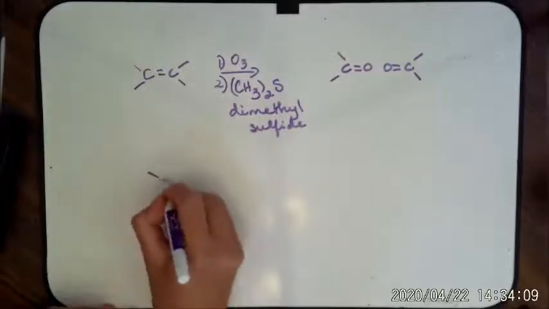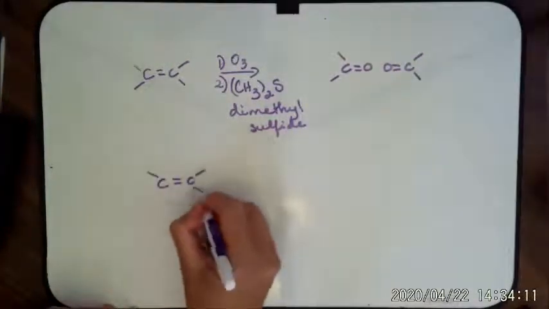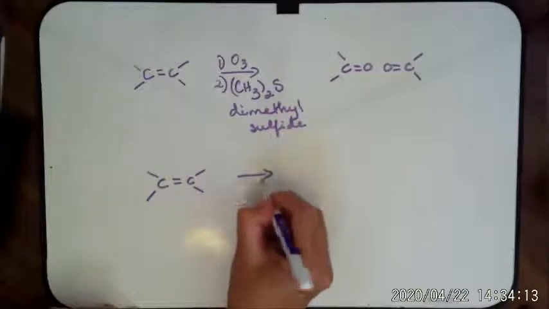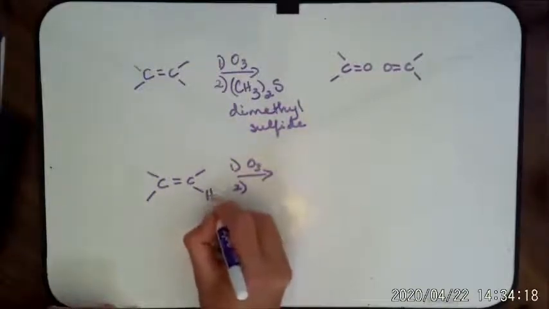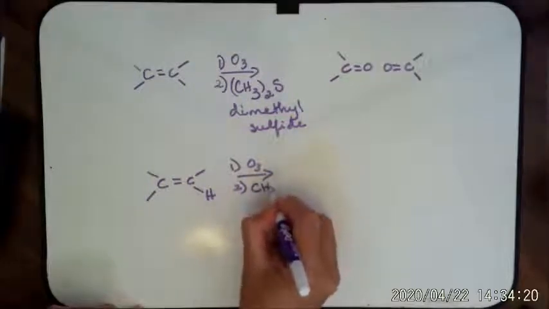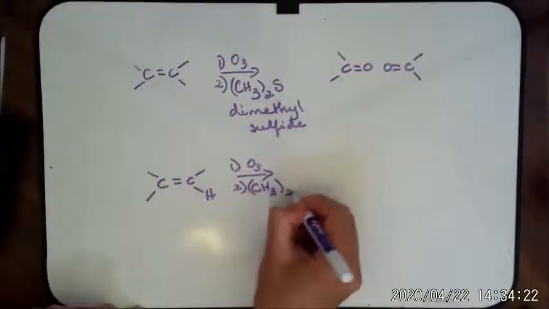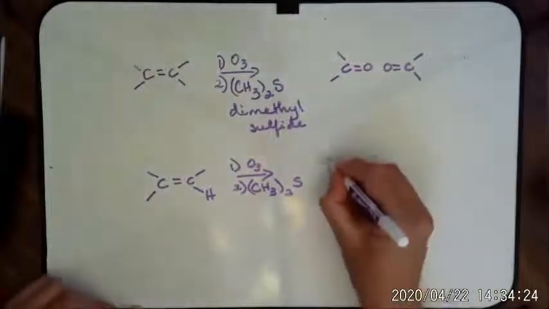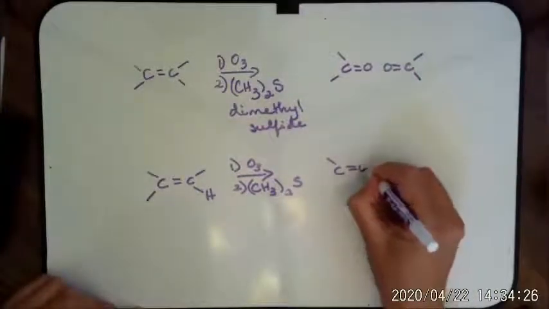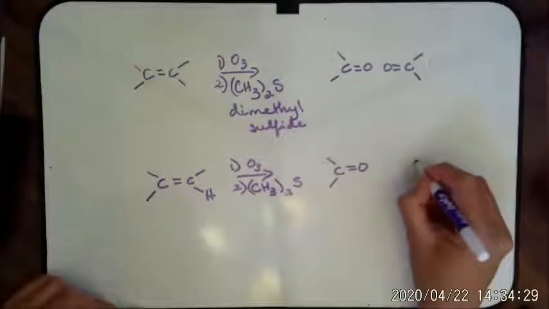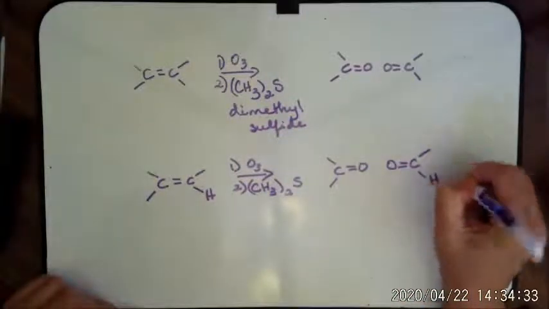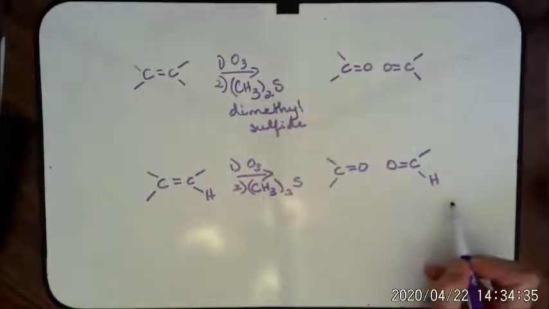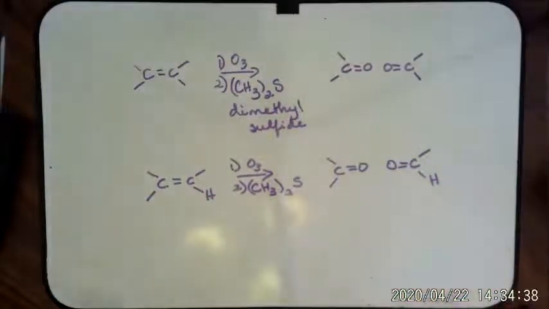Now, why is the second step, using dimethyl sulfide, of significance? If I cleave this and I have a hydrogen here, because this is a reducing agent, it does not continue to oxidize past my aldehyde stage. So I do not get a carboxylic acid. I stay at the aldehyde.